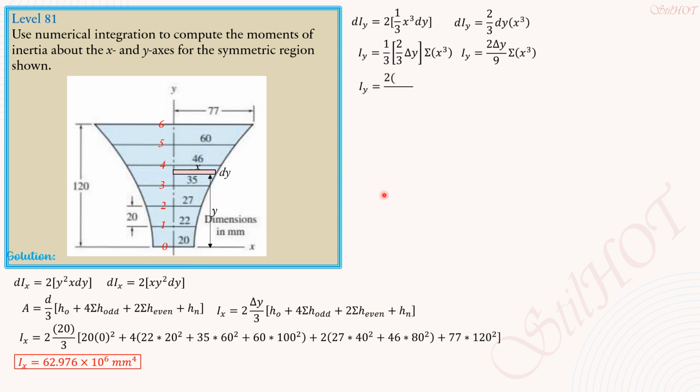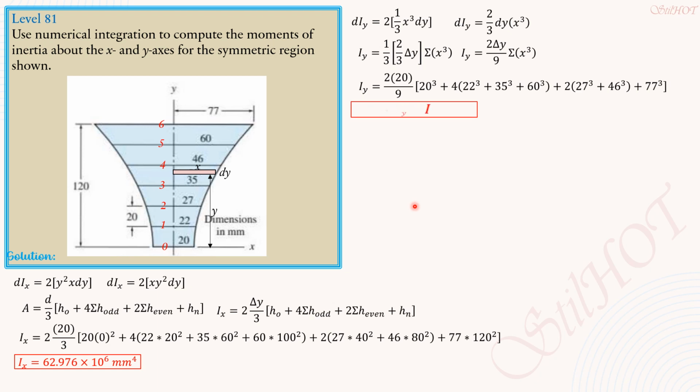So iy equals 2 times 20 over 9, then quantity 20 cubed plus 4 times h odd, so 22 cubed, 30 plus 35 cubed plus 60 cubed, then 2 times x cubed even, so 2 times quantity 27 cubed, that one, and the other even value before the last is 46 cubed, then plus h_n, which is 77 cubed.